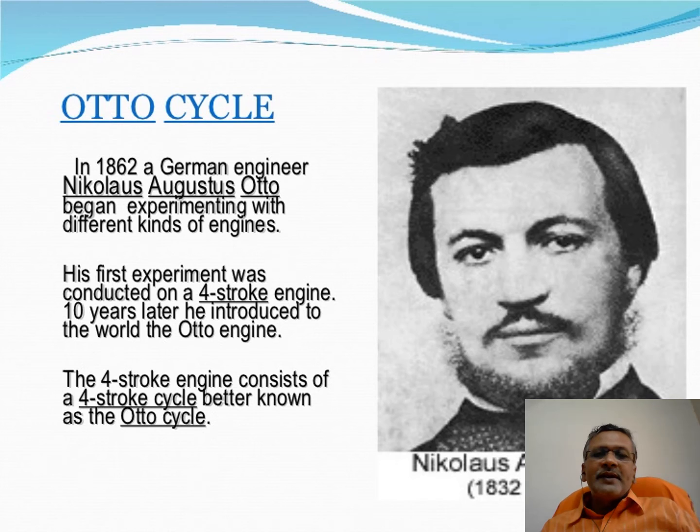He began experimenting with different kinds of engines. His first experiment was conducted on a four-stroke engine. Ten years later, he introduced the Otto engine. The four-stroke engine consists of a four-stroke cycle, better known as the Otto cycle.